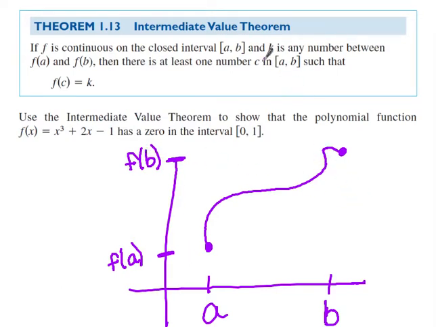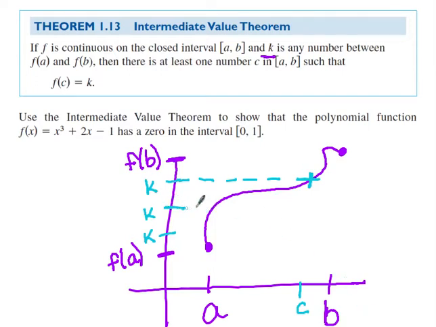It says k is any number between those two values. So I'm going to pick any value here. I could pick this value, this value, this value, and all those values could be k. What it states is that if this graph is continuous, there has to be at least one number that's on that graph, and we call that one c.